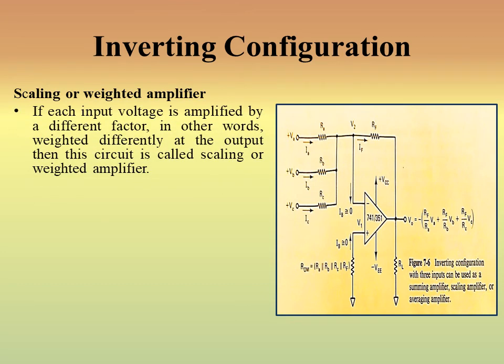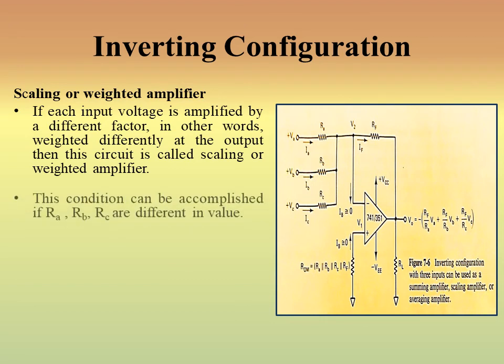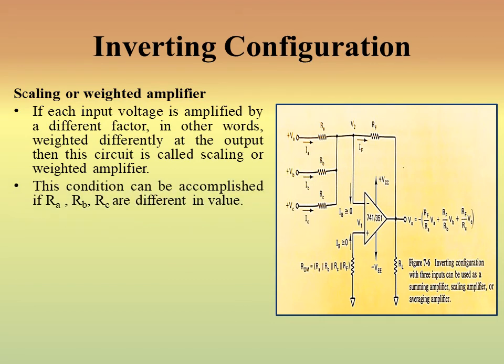So this scaling or weighted amplifier is simply this: if each input is amplified by a different factor, so this will be amplified in a different way, this will be amplified in a different way, and this will be amplified in a different way, in that case the amplifier is called a scaling or weighted amplifier, or we can say that they are weighted differently. This condition can be accomplished if Ra, Rb, Rc are all three different in value.